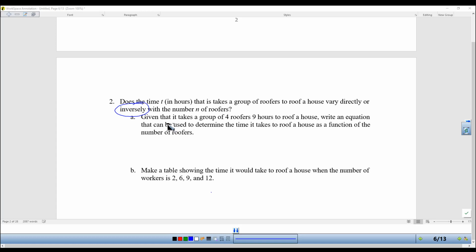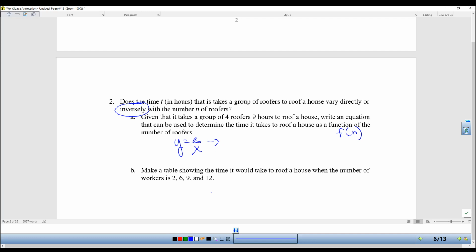So it says, given that it takes a group of 4 roofers 9 hours to roof a house, write an equation that can be used to determine the time it takes to roof a house as a function of the number of roofers. So a function of the number of roofers, that's what we're looking for. So since it's inversely, I'm going to write y is equal to a over x.